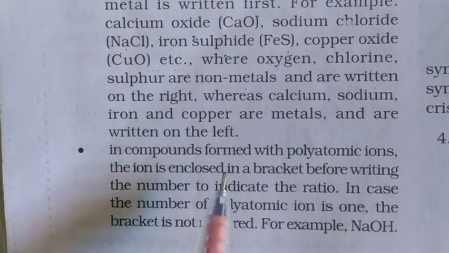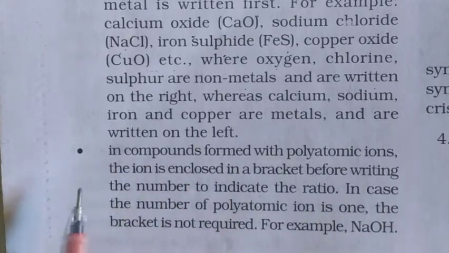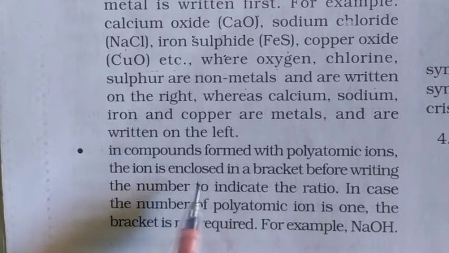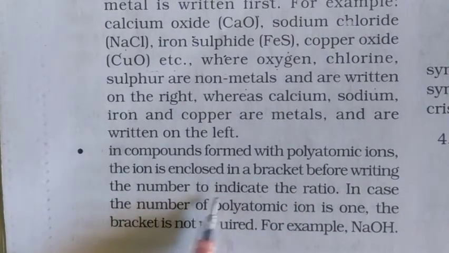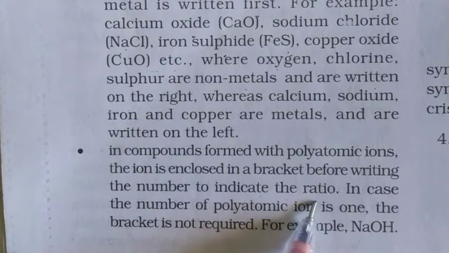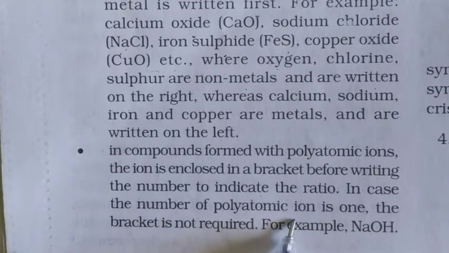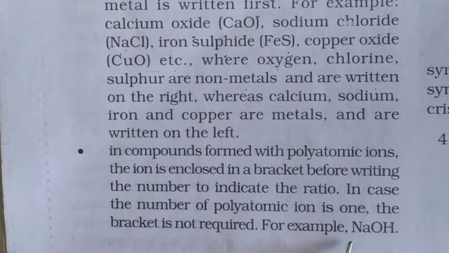And the third rule is like this. In compounds formed with polyatomic ions, the ion is enclosed in a bracket before writing the number to indicate the ratio. In case the number of polyatomic ions is 1, the bracket is not required. For example, sodium hydroxide.